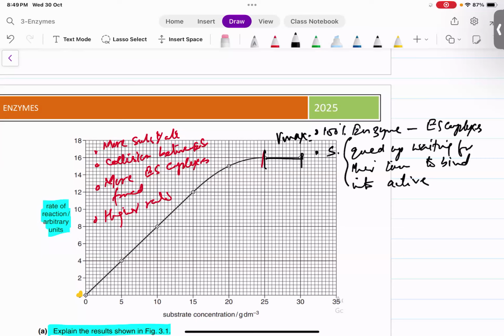Or you can say that the active sites of all enzymes are saturated with substrate molecules, and they are all making enzyme-substrate complexes. So there is no more increase in enzyme activity even if the substrate concentration is increased above 25 grams per dm cubed. The units can be taken from here.